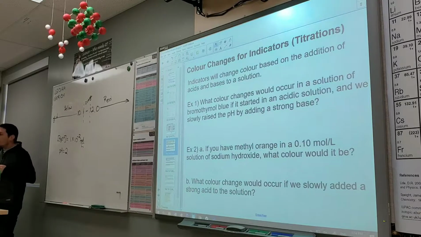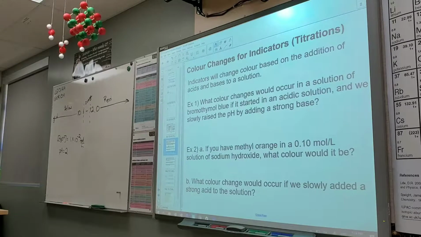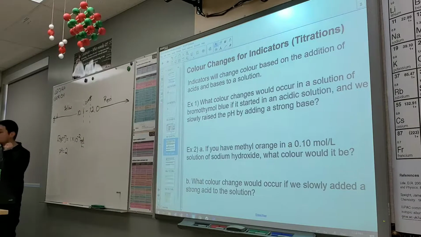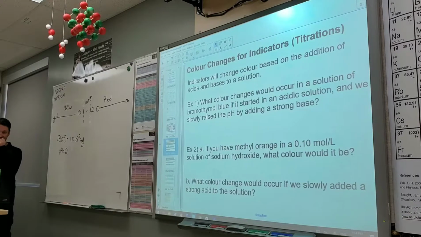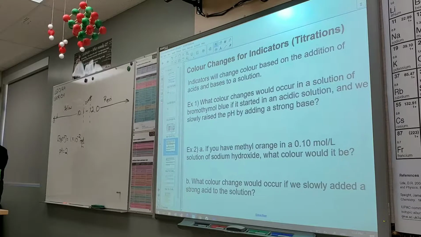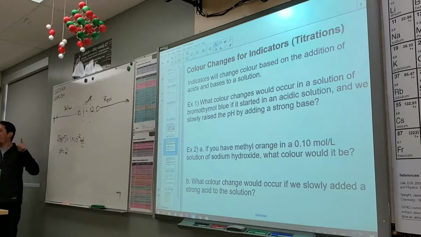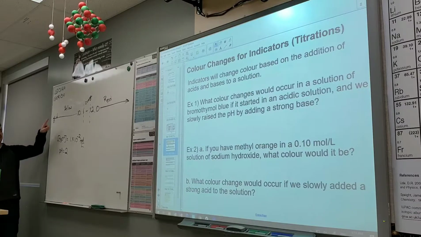Now, what I'm going to do is slowly, drop by drop, add a base to this. So I'm going to add a really super concentrated base. What chemical do you know is inside every base? Hydroxide, right? So what's going to happen as I add this base to my pH?